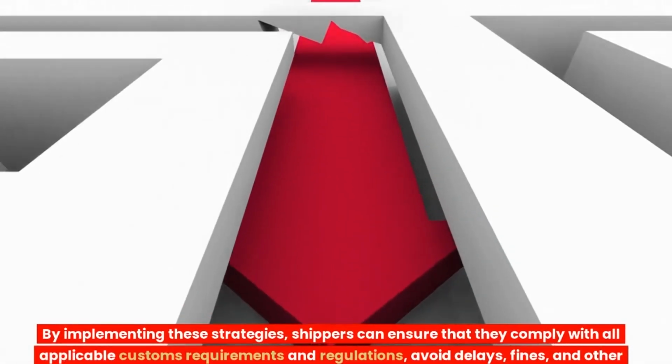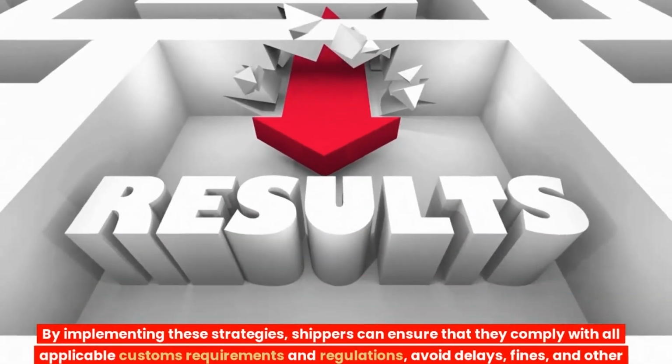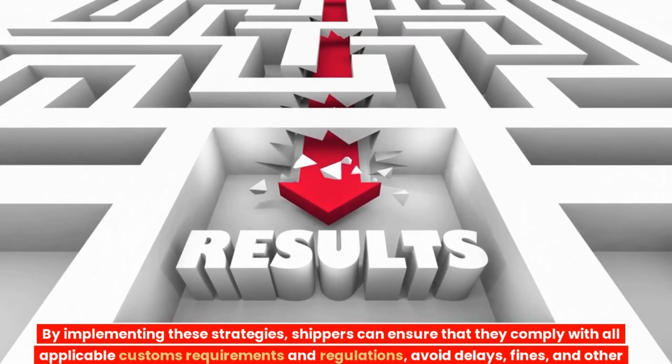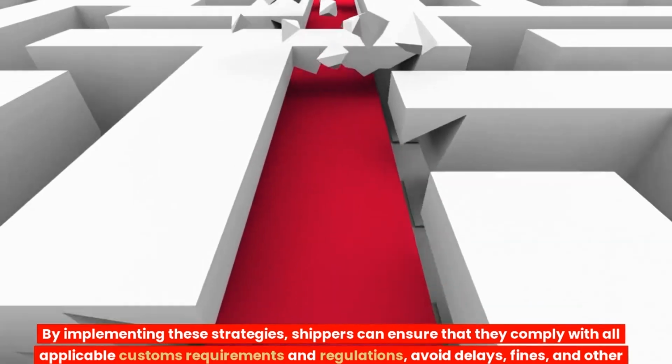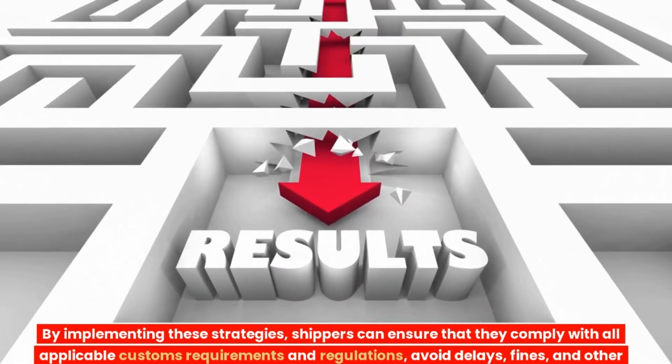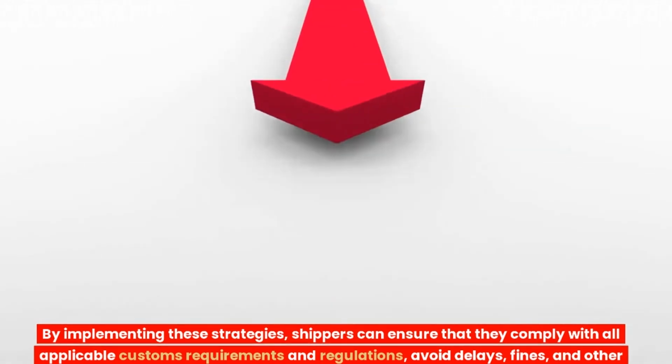By implementing these strategies, shippers can ensure that they comply with all applicable customs requirements and regulations, avoid delays, fines, and other penalties, and improve the efficiency of their international trade operations.